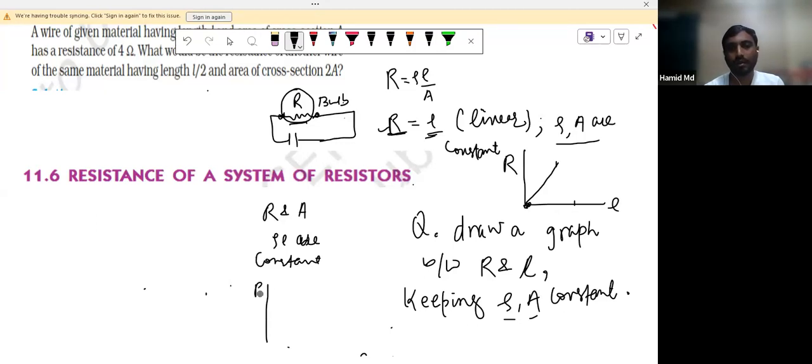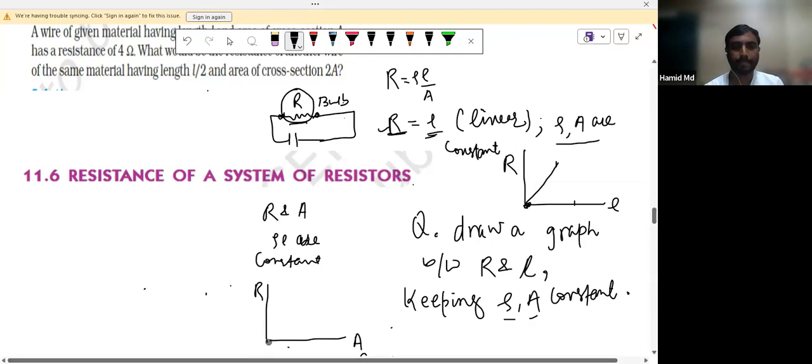This is R and this is A. Suresh and Faz, how will we draw this graph?